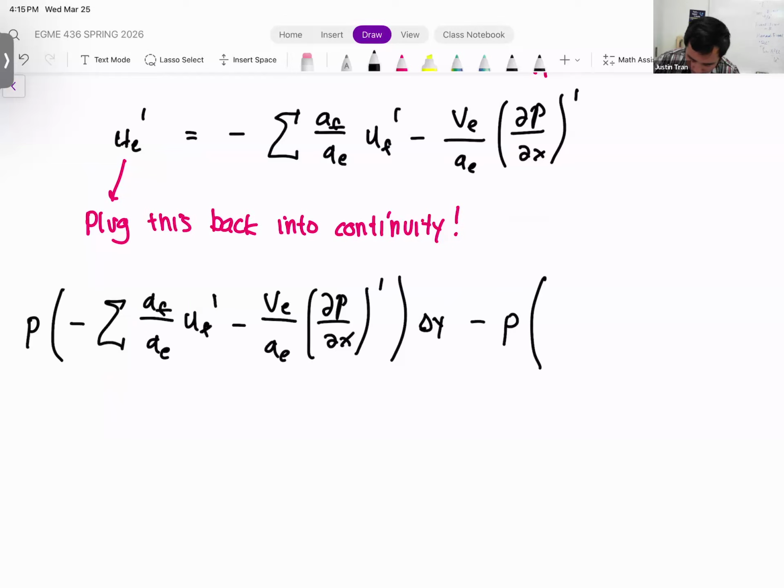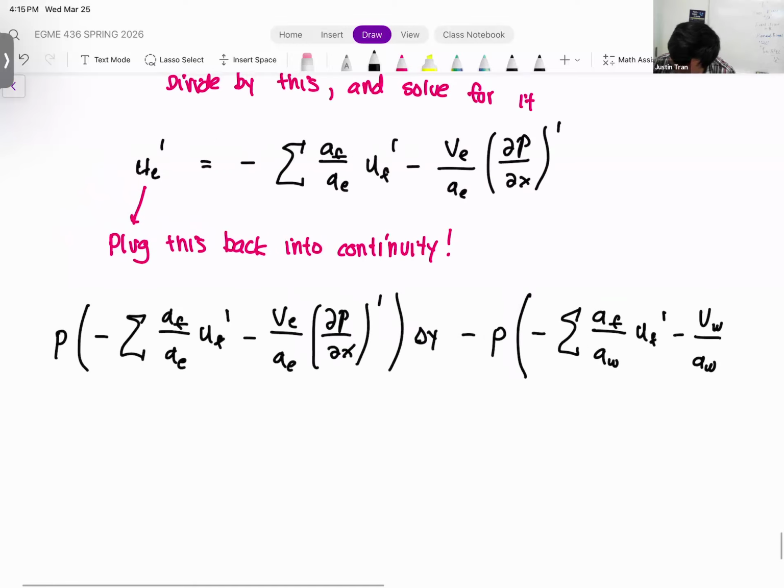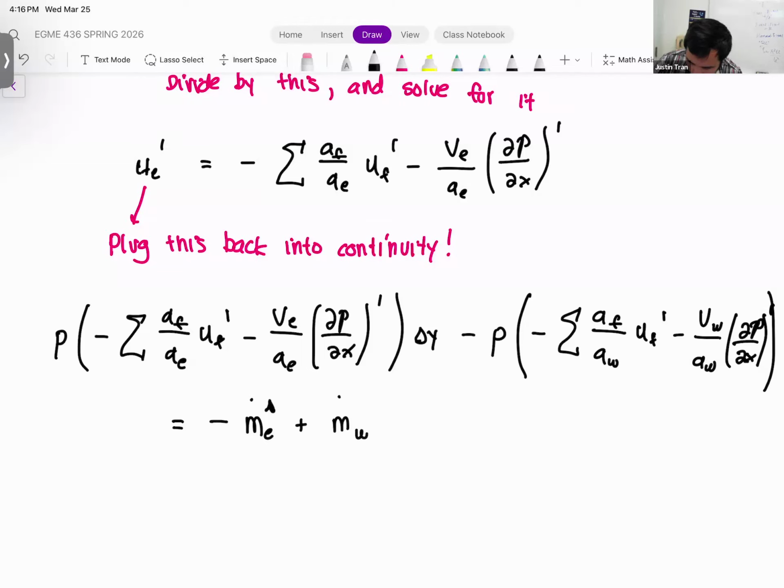Same thing for UW, which is going to be minus AF divided by AW, UF prime, minus VW over AW, V for the west side, times partial P, partial X prime, is equal to our two non-mass conserving terms, minus ME dot star plus MW dot star.